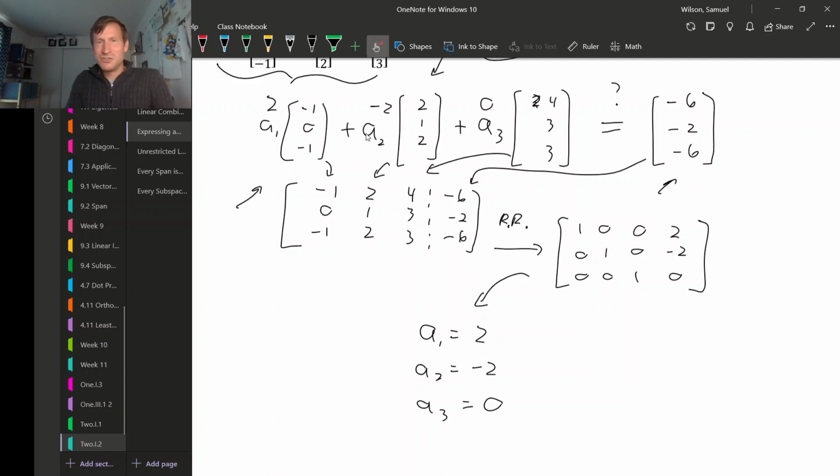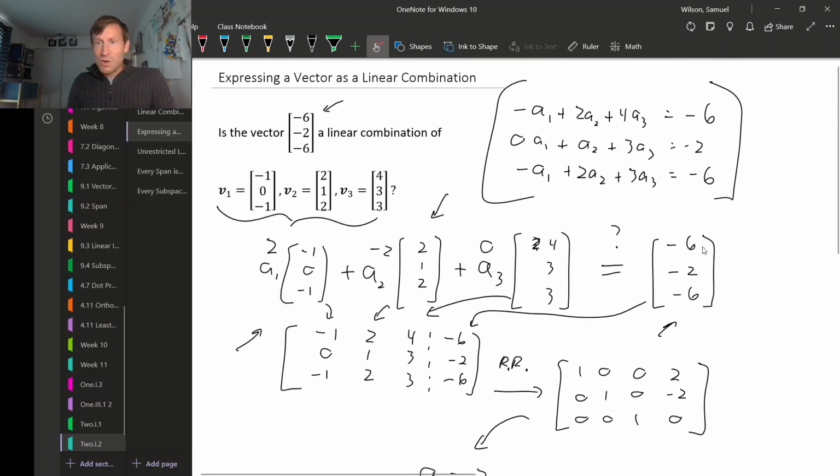So -2 -4 is -6, yes, 0, and -2, -2, and then, yes, it works. So expressing one vector as a linear combination of others, when you get right down to it, just comes down to solving a system of linear equations, which with row reduction, we already have a good tool to solve this kind of problem.